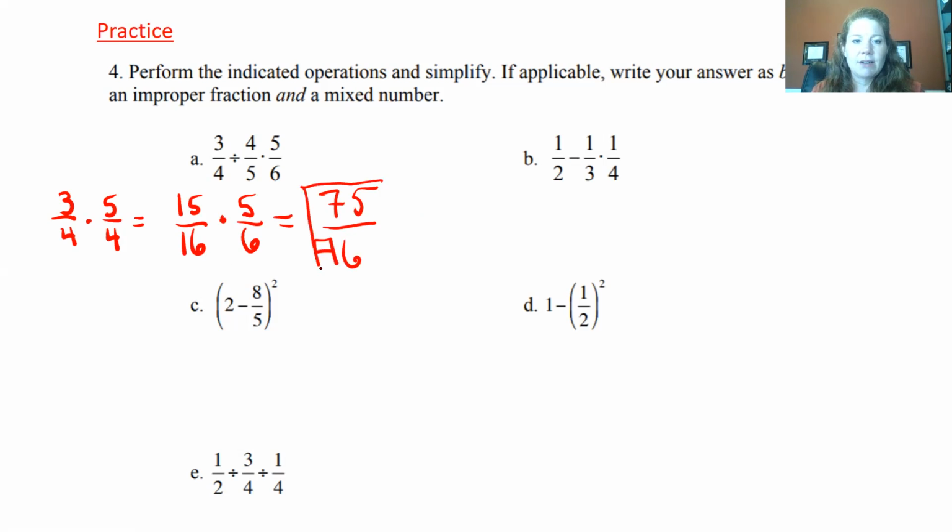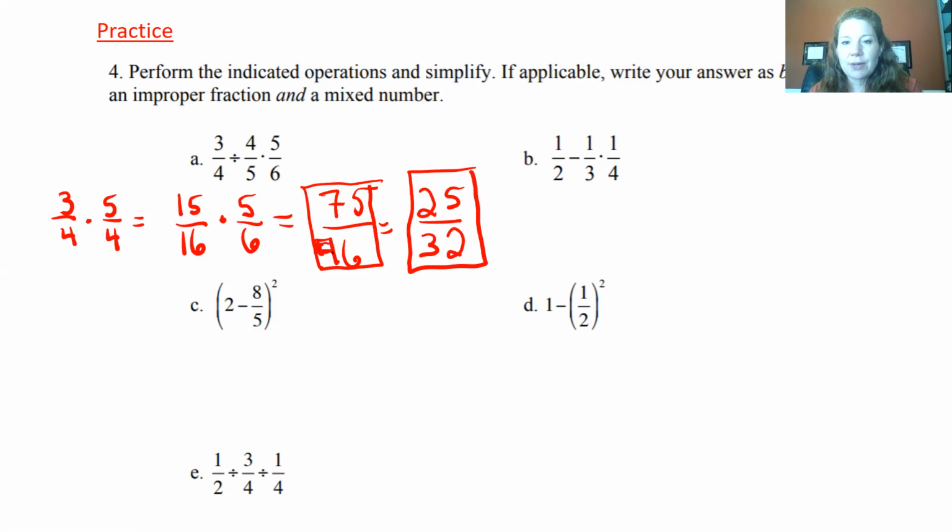Oh, wait, are those both divisible by 3? They are. So 75 divided by 3 is 25, and 96 divided by 3 is 32. So now we have it simplified, because when I added them up, I realized they're both divisible by 3.